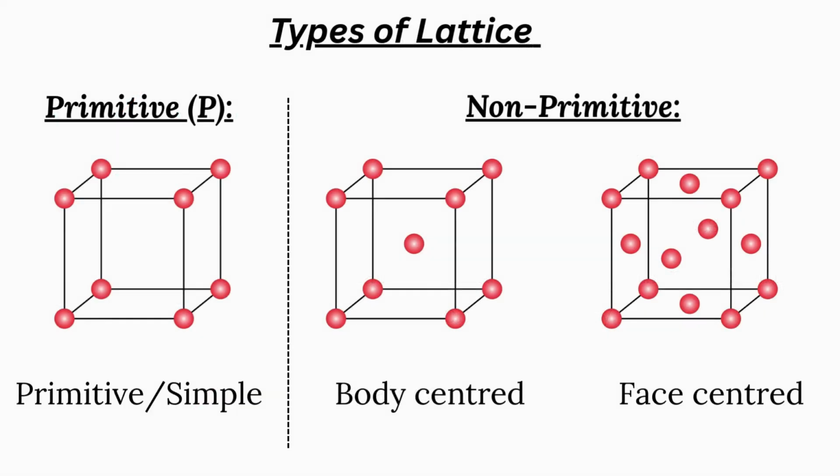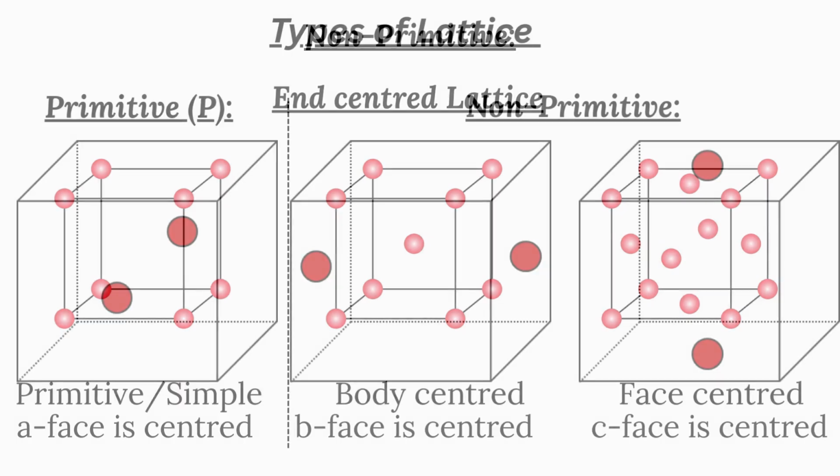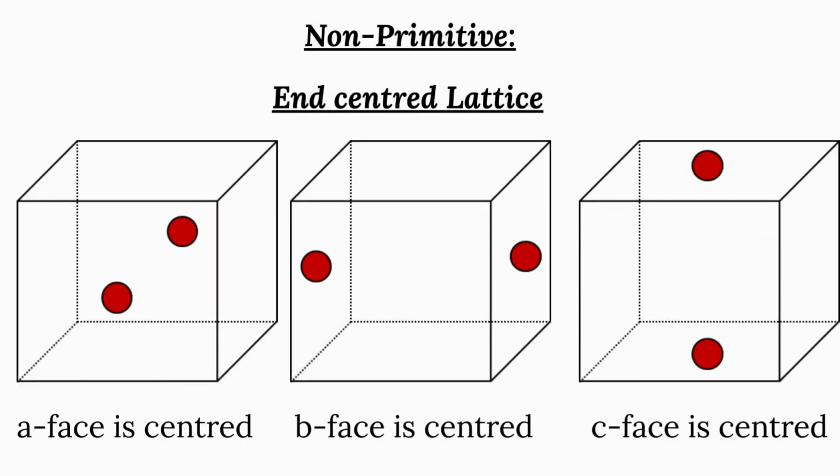We can also recollect the types of lattices which we discussed earlier. Basically there are two types. One is primitive, another one is non-primitive. The primitive one will have the points at the corners of the unit cell, whereas the non-primitive will have the points other than the corners, maybe at the body center or the face center, or only at the opposite sides of the faces.